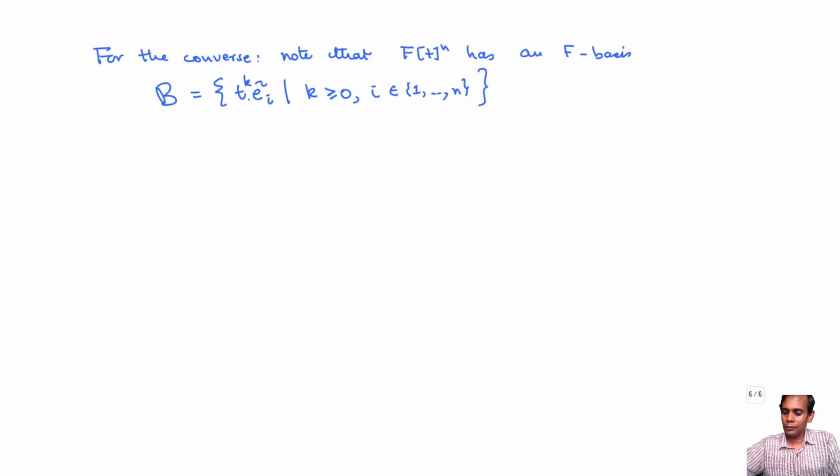So if you look at t^k e_j, I can write it as t^(k-1) times t e_j.